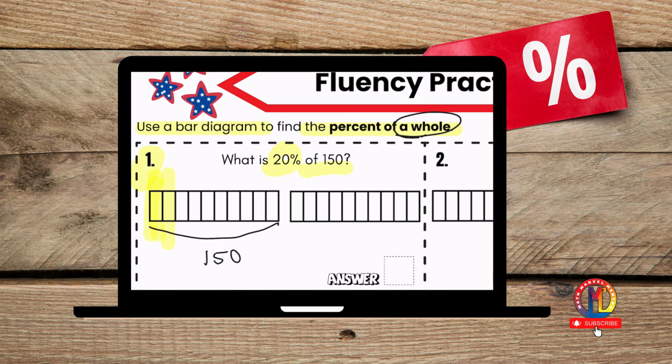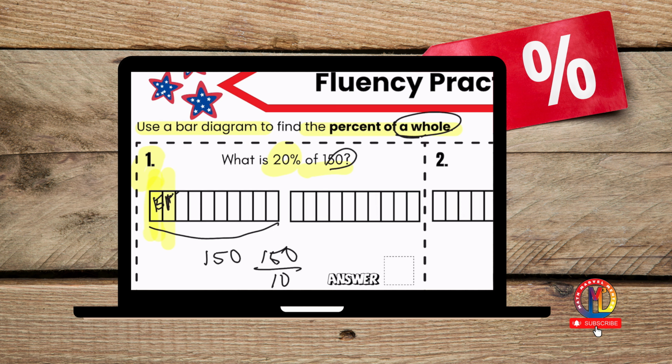So if I have 150, I know that is the entire amount, and I know that they're divided into 10 even spaces because 10 times 10 gives us 100, and all percents are out of 100. I would do 150 divided by 10, and then I know that each rectangle space is 15.